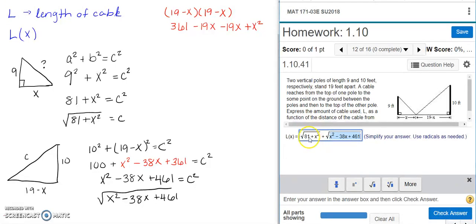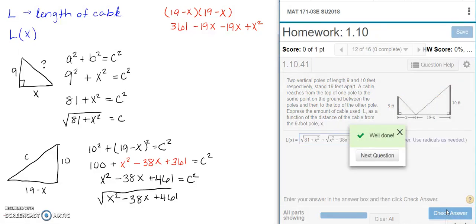Now I should have swapped that to x squared plus 81 just to be consistent, but it shouldn't matter. It should know it's right either way. So I have the length of the cable in the smaller triangle plus the length of the cable in the larger triangle to give me the total length of cable.